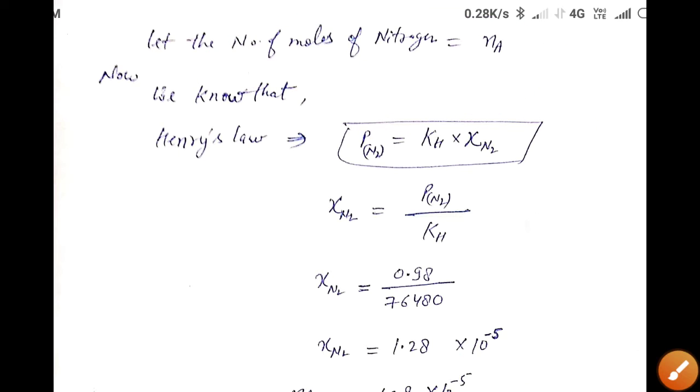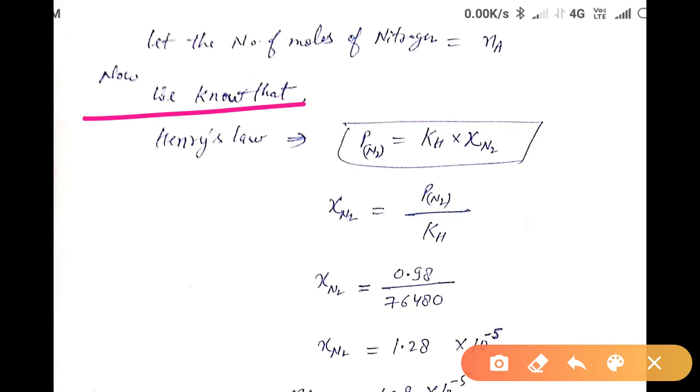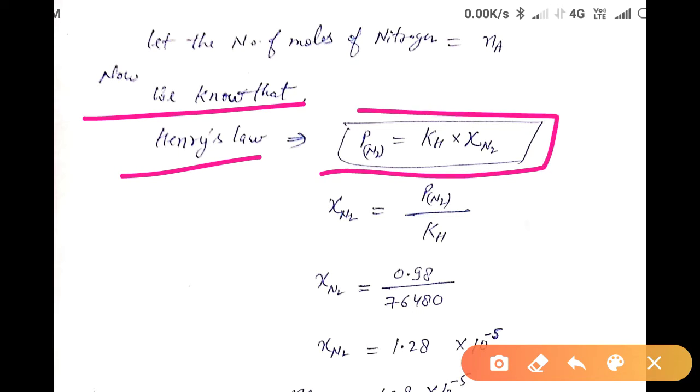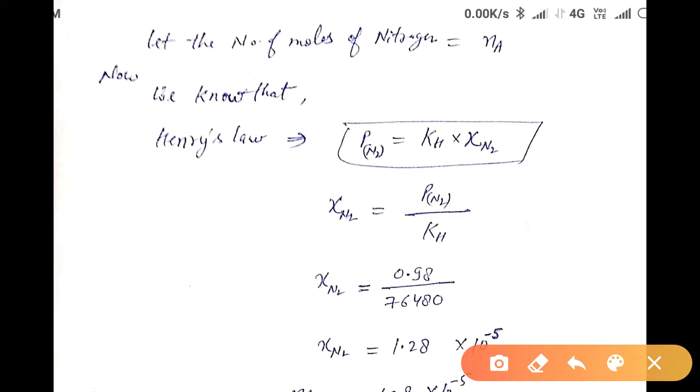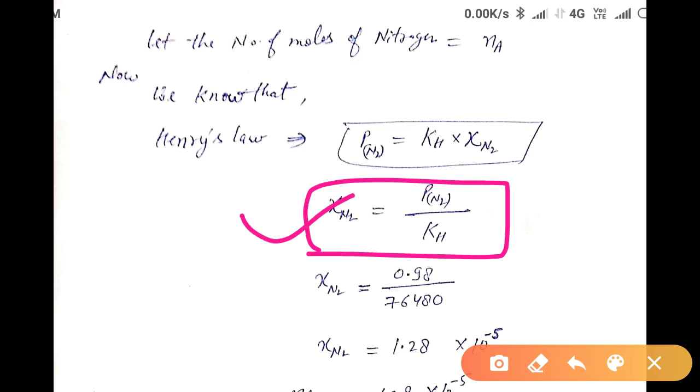According to Henry's law, the partial pressure P equals Kh times chi, the mole fraction. So the mole fraction chi becomes equal to P divided by Kh.